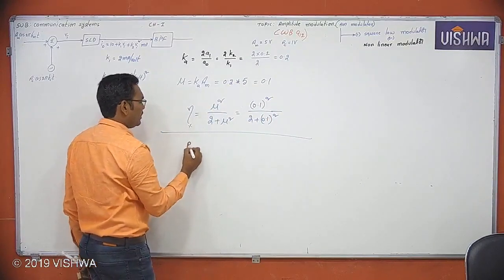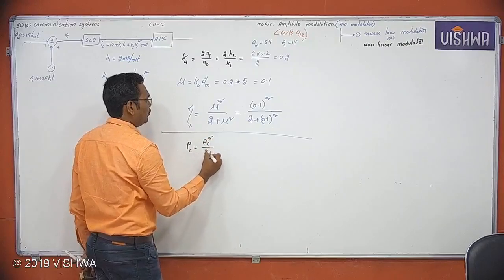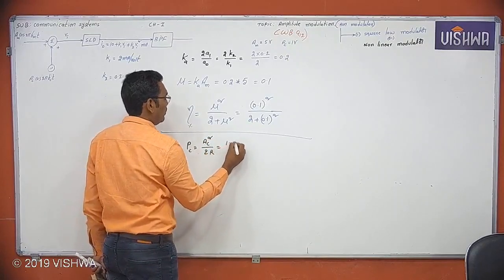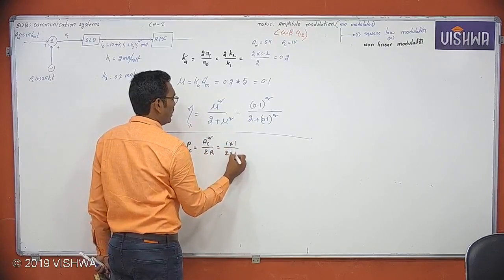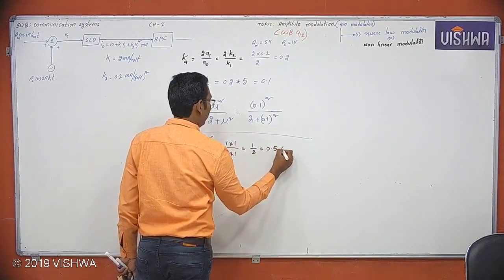But he's asking only this one, you can easily find. What is the carrier power? The carrier power is equal to Ac square by 2R. Ac is 1, so 1 into 1 by 2, R equal to 1, which is equal to 0.5 watt.